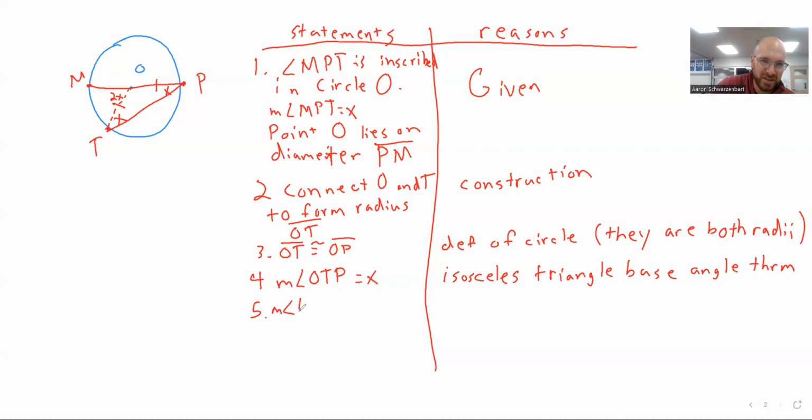So measure of MOT equals X plus X, which is 2X. So I've labeled that on my diagram. That is the exterior angle theorem. Or I should probably call it the triangle exterior angle theorem.